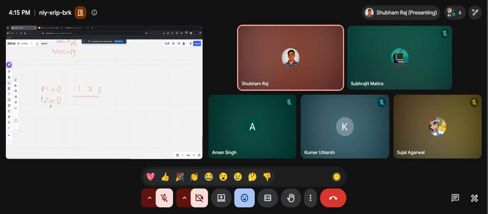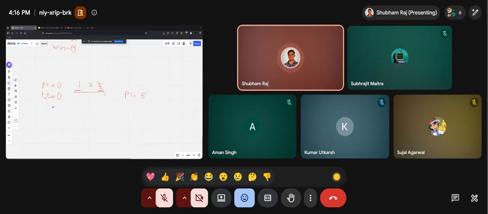So player 1 can either pick this 1 or this 5, right? So if he went for the 5, the score will become 5, right? And this element will be deleted from the array.